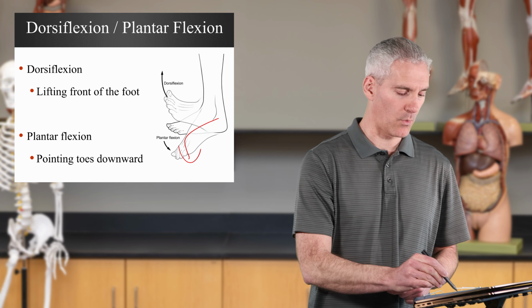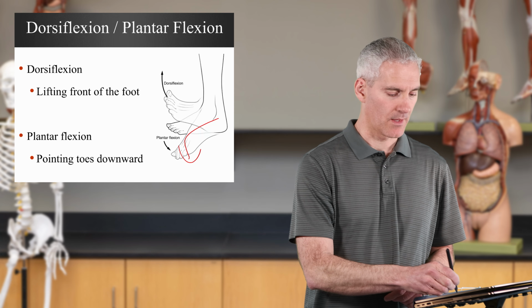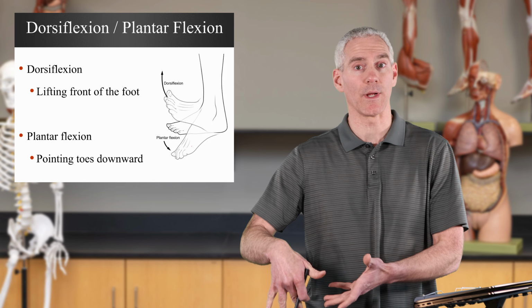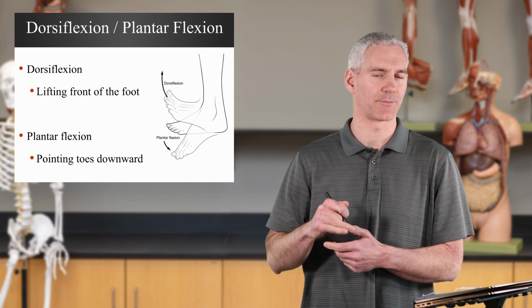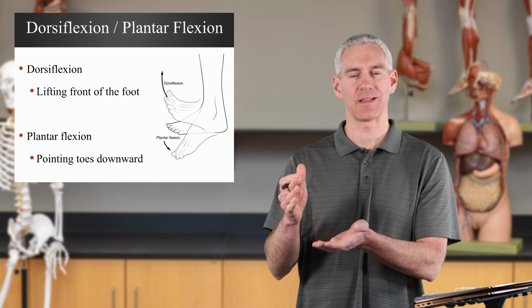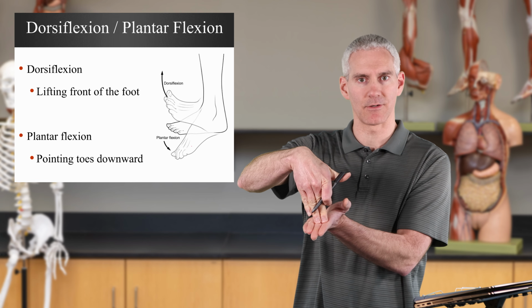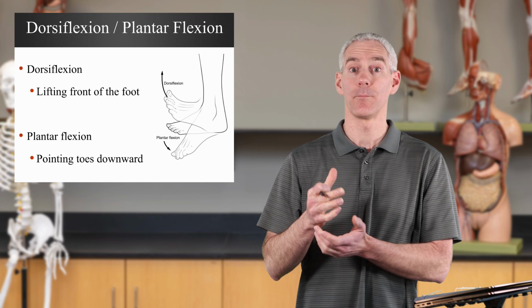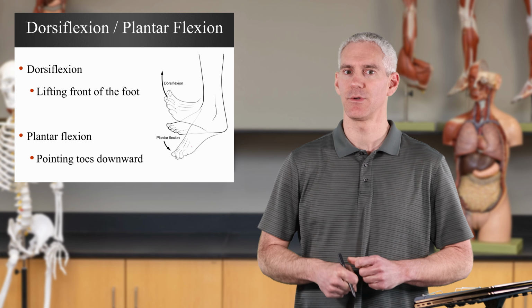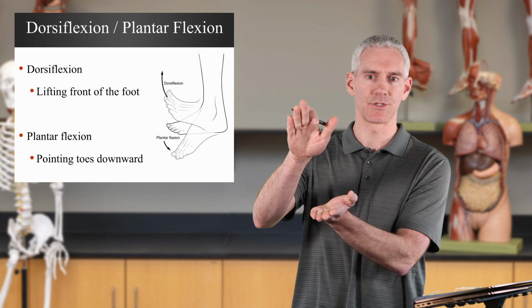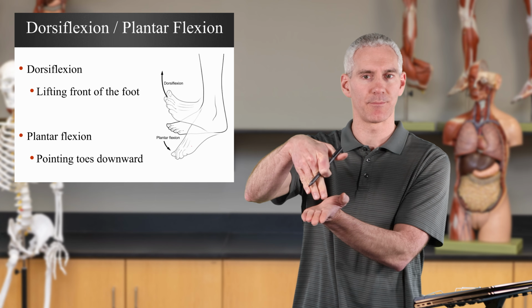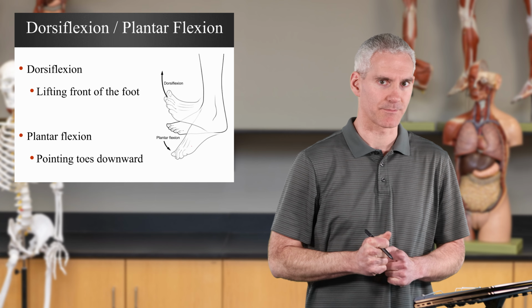If someone's basically a ballerina or doing ballet on point, the toes are pointed down. So the idea of plantar flexion, you're planting the toes down. Dorsiflexion, you're pulling the toes up. Both of those are specific to the foot again.